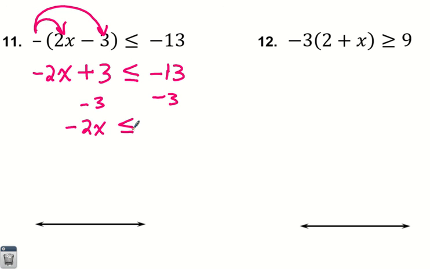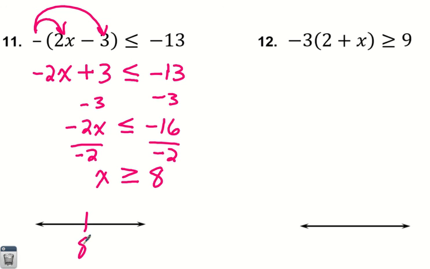We don't flip the symbol. That becomes a -16. Right? -13 minus 3 is -16. At least I believe. And once again, we find ourselves dividing by a negative, so that flips it to a greater than or equal to. And -16 divided by -2, I believe, is +8. Greater than or equal to.